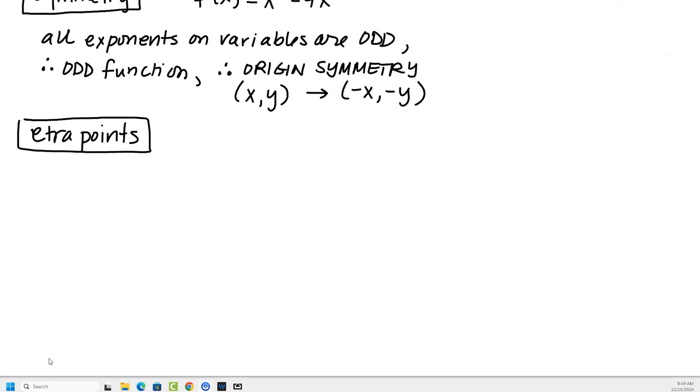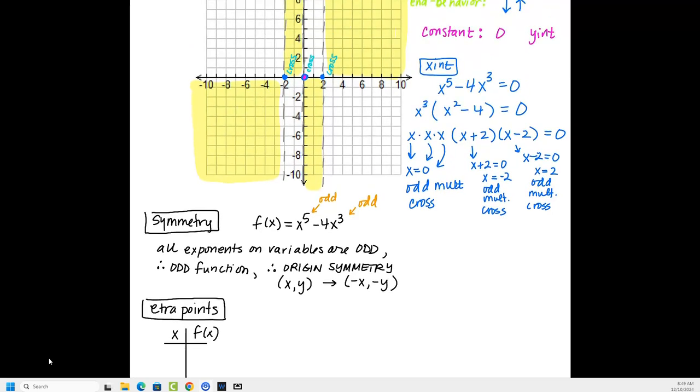For the extra points, I'm going to make a table. x and f of x, or y.